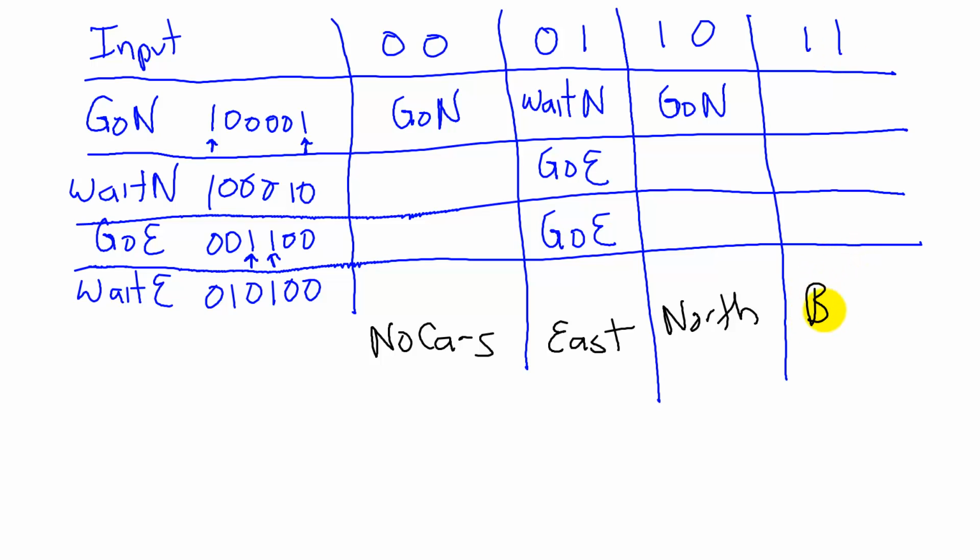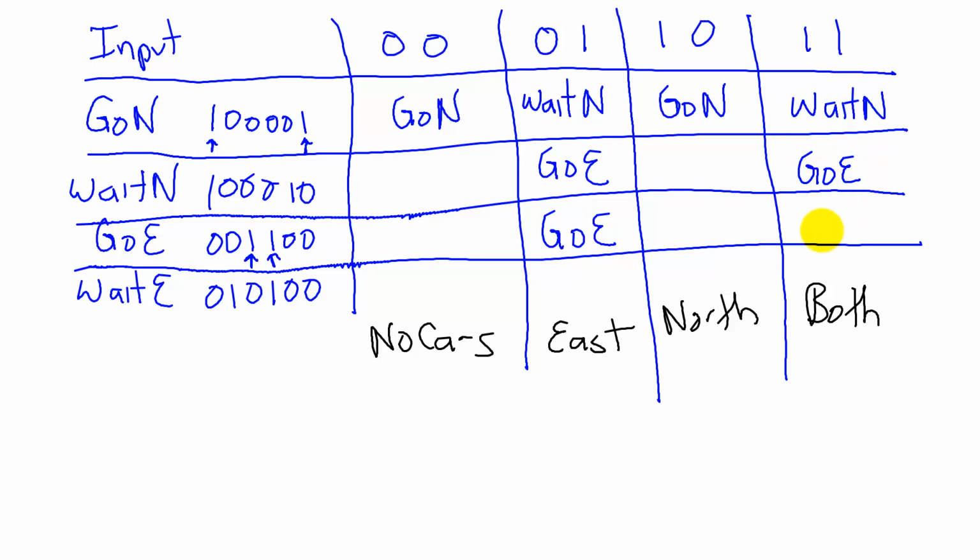And this is if there are both cars. And if you think about what you want to have happen, if cars are on both roads, a busy day, what we're going to have it do is basically cycle through. Okay? And so if the light is green and there's both, it'll go wait, and after wait it will then go east.